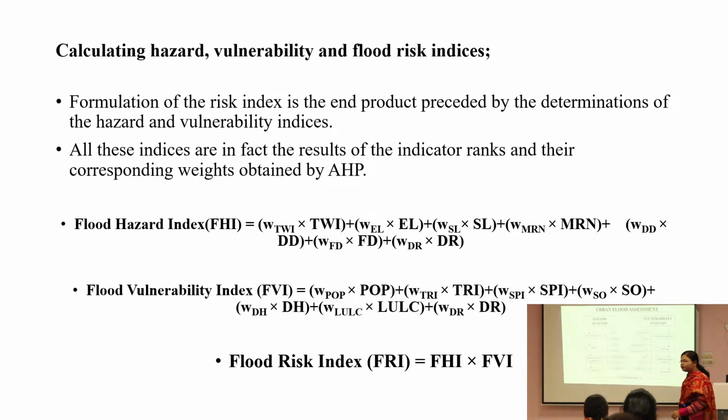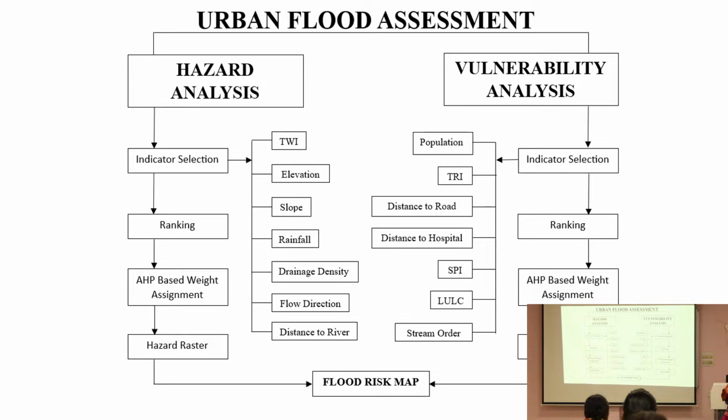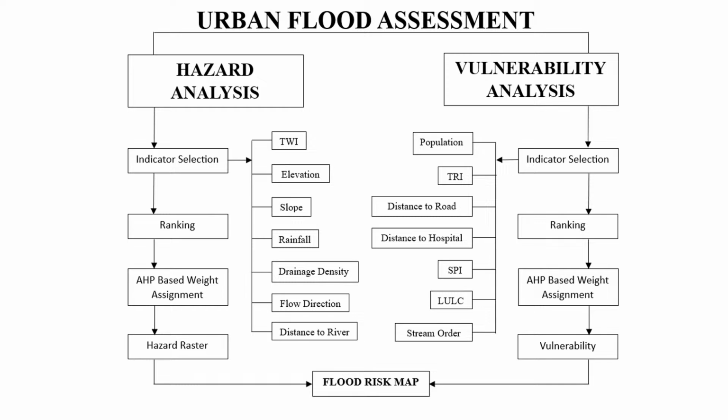This is the methodology flow chart. So, how we can find out the risk map? So, for hazard analysis you can take these parameters: TWI, elevation, slope, rainfall, drainage density, flow direction, distance to river. So, here the indicator selection, then you have to take the ranking.